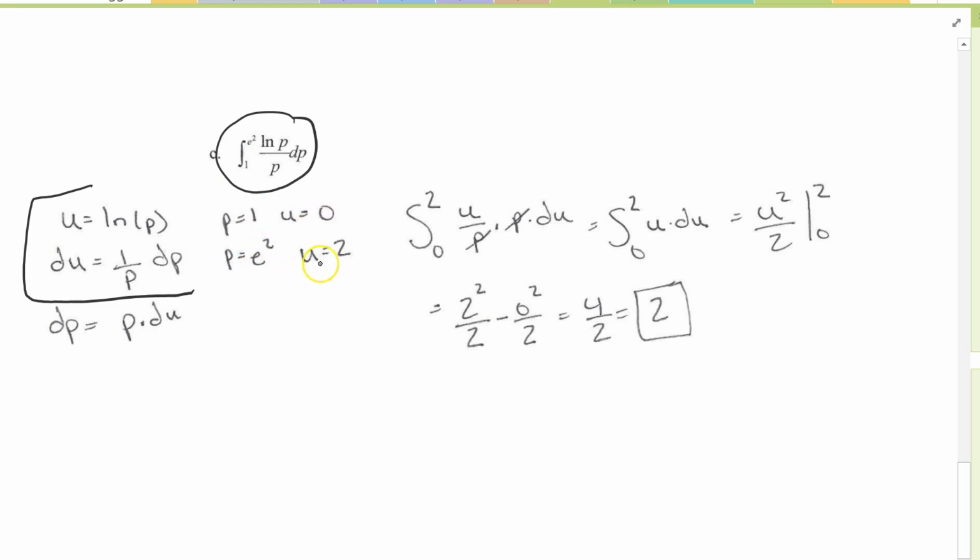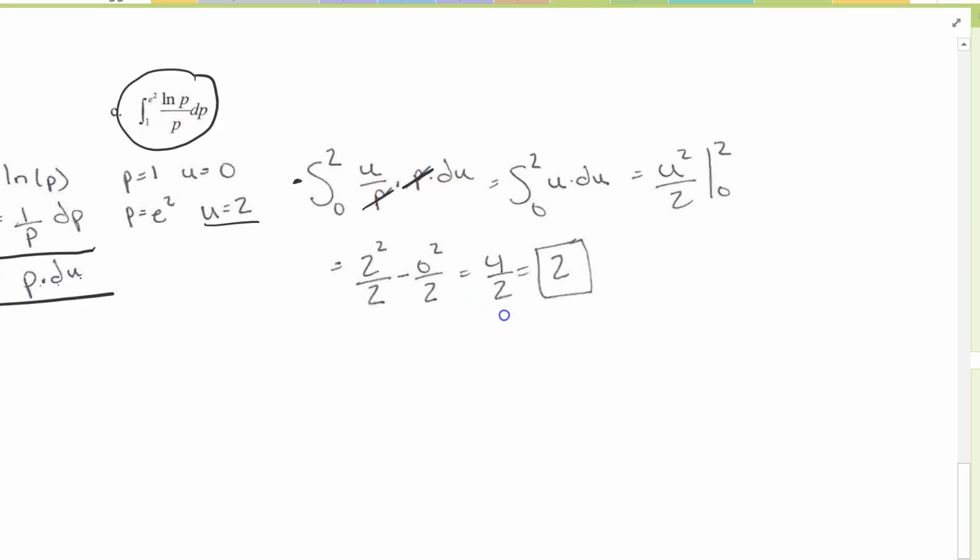If p is e squared, then u is 2. So I can change the bounds, integrating from 0 to 2 of u divided by p, and then dp would be p times du, which would cancel out the p in the denominator. So I'm left with this relatively easy integral, and then I plug that in and I get my answer as 2.